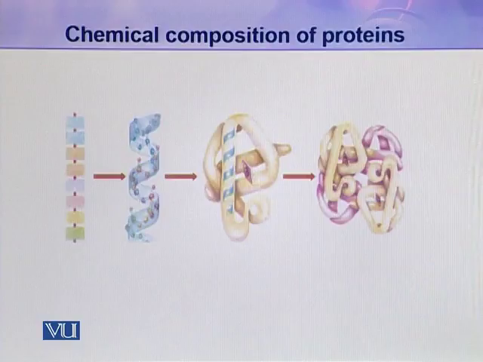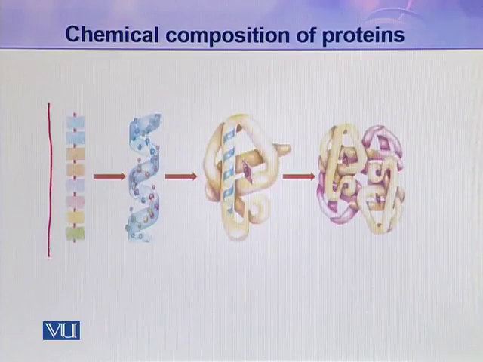So, if a polypeptide is formed, we cannot say it is a protein, because a polypeptide is a polypeptide chain, and after some conformational organization, this polypeptide is transformed into a protein molecule. For example, here you can see this is a polypeptide chain. Different amino acids are joined together in this polypeptide.